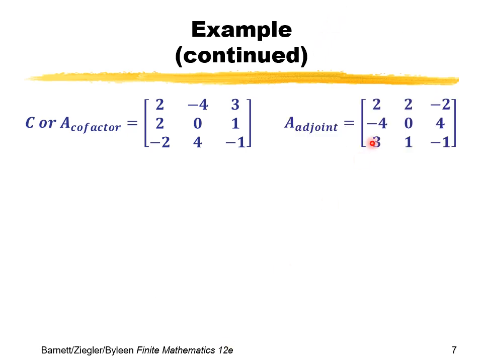After we write down the adjoint, as we said, the adjoint is the transpose of the cofactor.